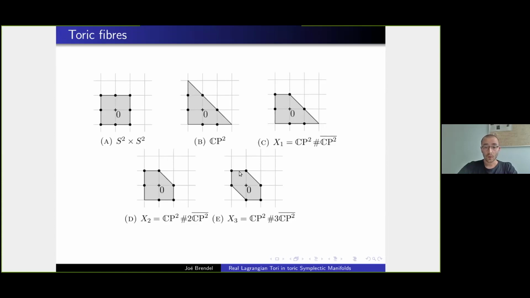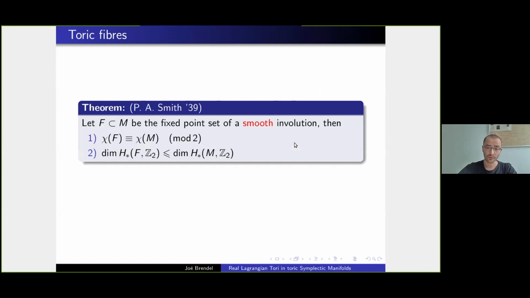And for the other ones, let me first make a remark about smooth topology, because there is already an obstruction coming from smooth topology, which is a classical theorem by Smith.